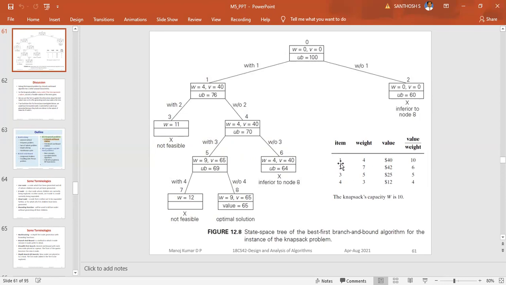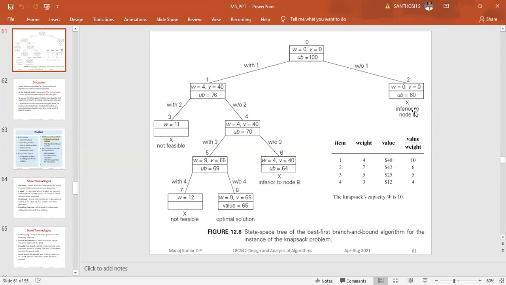With one, the value of item one is W equal to 4, V equal to 40, and the upper bound is equal to 76. Without one, there are no values of W and V, and the upper bound is equal to 60.